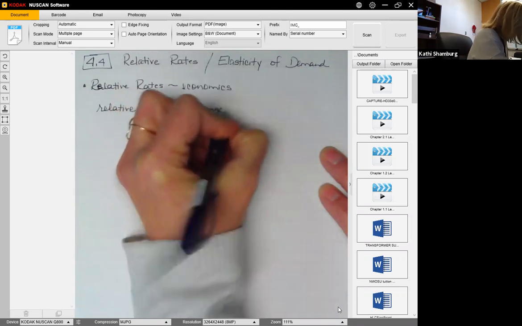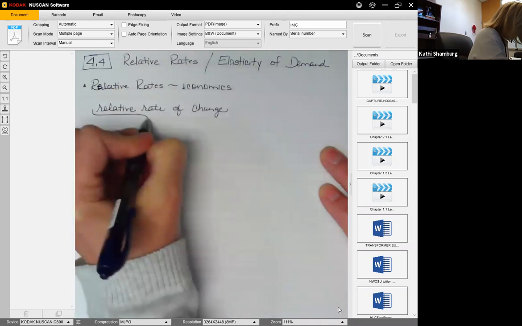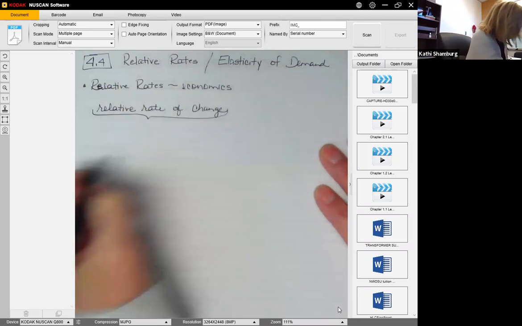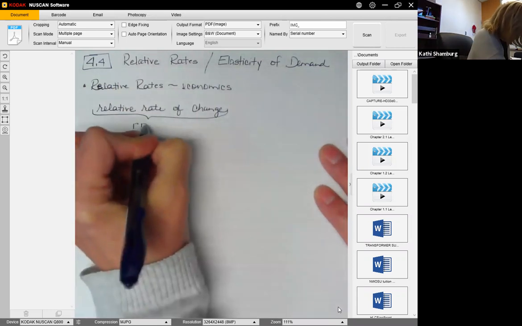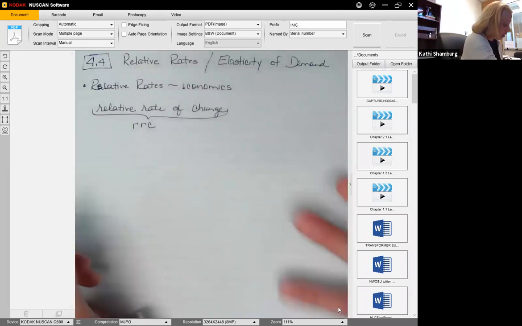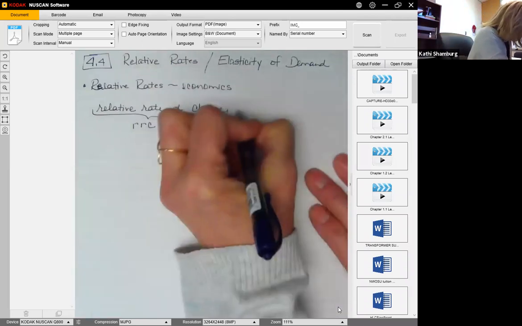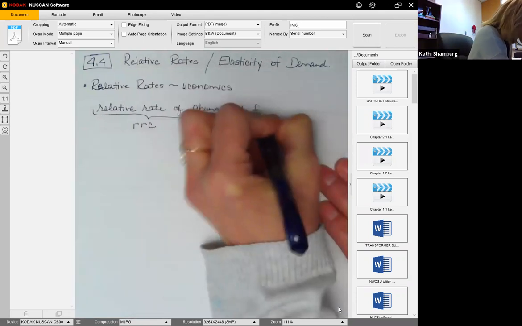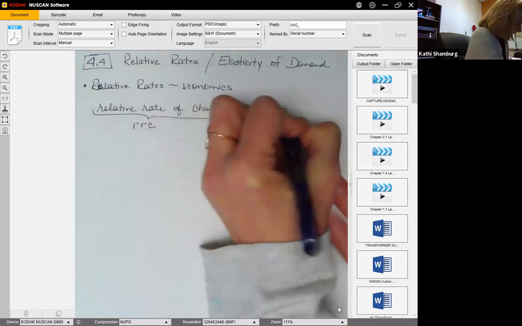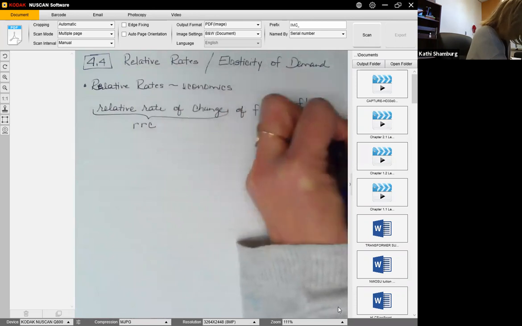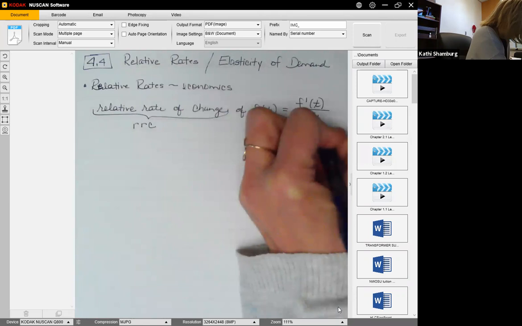Now, just for future reference, I don't want to have to write this out over and over and over. So I'm going to abbreviate. And when we're calculating the relative rate of change, I'm just going to call it RRC. And we're going to be finding the relative rate of change of a function. And that is found by the derivative of the function divided by the function.